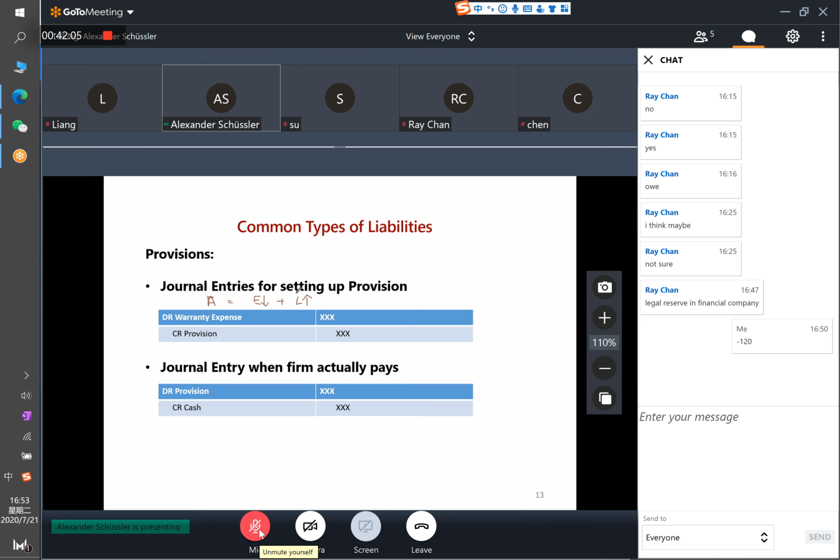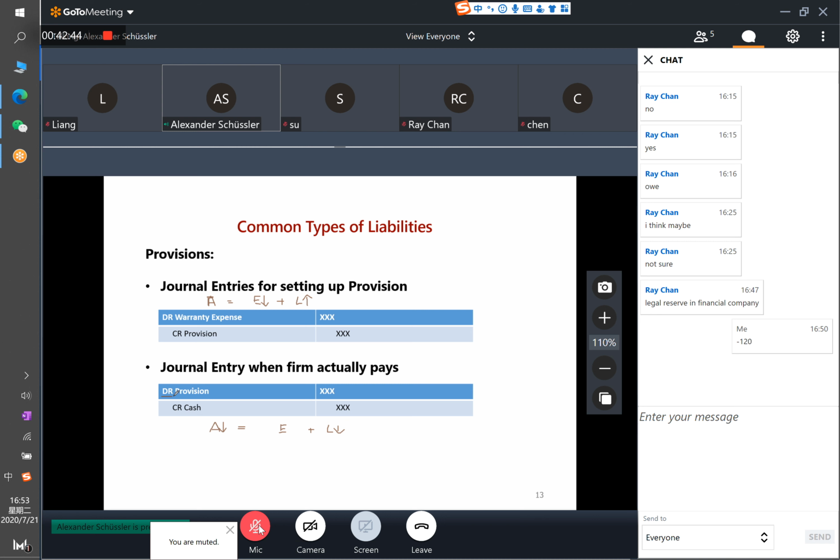Very good. Then the journal entry when the firm actually pays. Let's say the firm has to pay now for its legal dispute. Which elements are touched here? Yeah, the liability goes down.